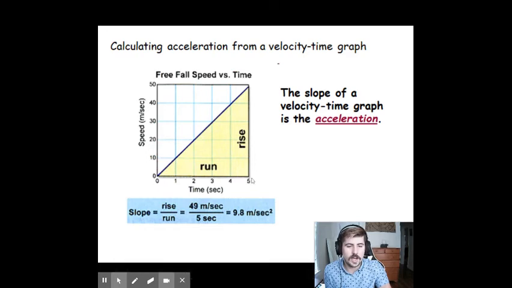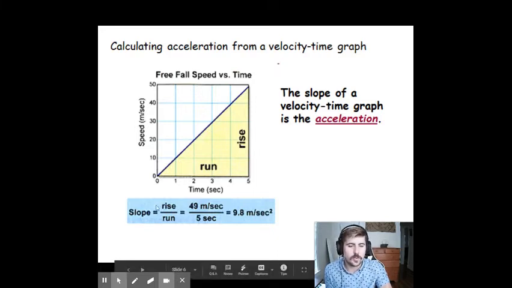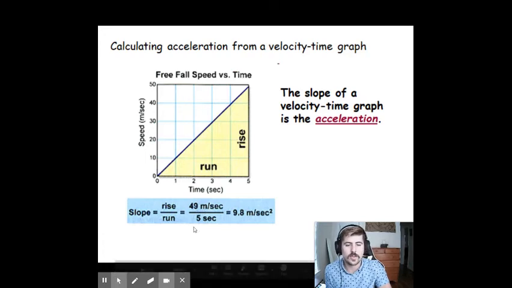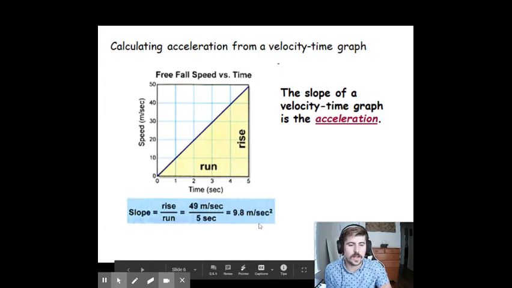The run is 5, and the rise is about, it doesn't quite hit 50 there, so it's about 49. So to find the slope of the line, we do 49, its rise, over 5, its run, to get 9.8 meters per second squared, which is going to be its acceleration, right? So that is how you get acceleration on a velocity time graph.